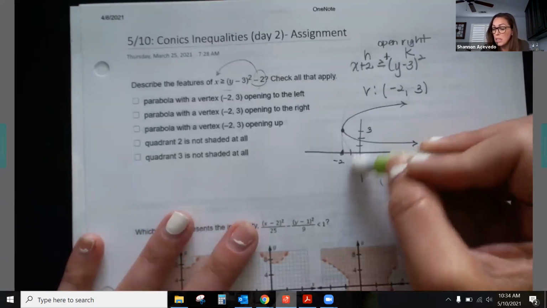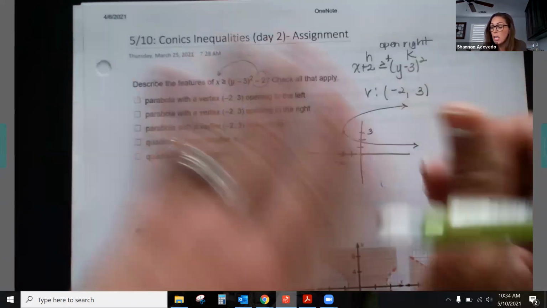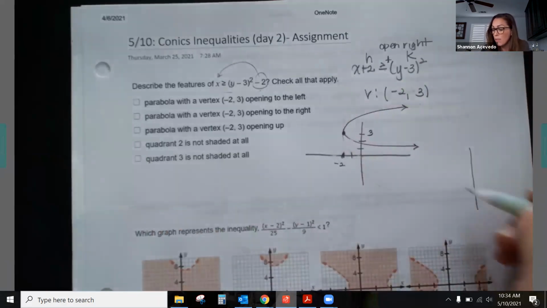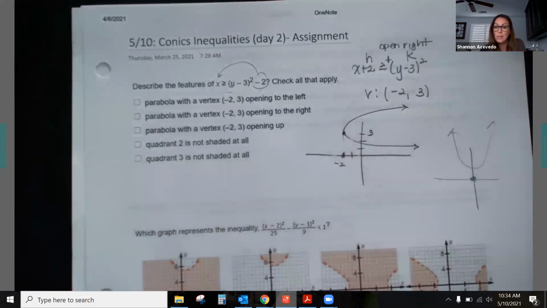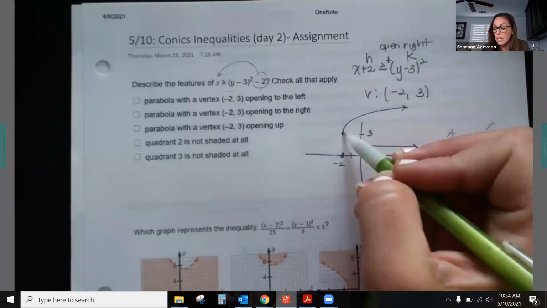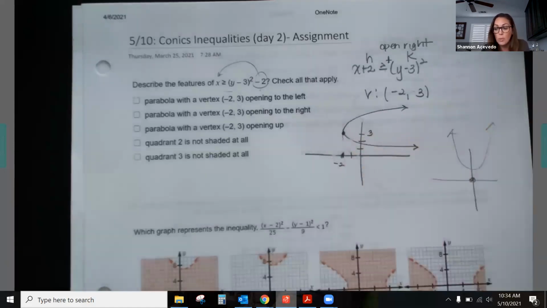So you don't want to pick something that you could question. If I had a parabola that opened up like this, I can easily pick 0, 0 because you know for sure it's not going to be part of that graph. Just something to think about as you're picking points. This point down here can't be part of my graph, so I know that.